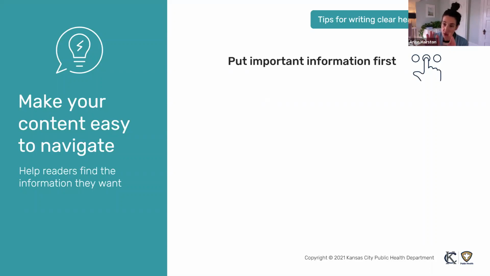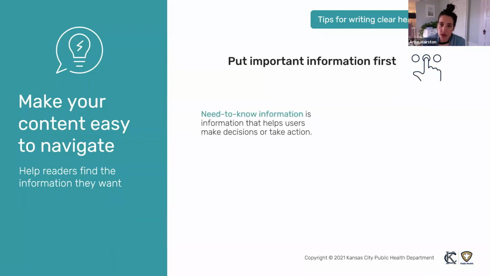What information are you including and where are you putting it? On each page and in each section, you want to put the most important information first, because many readers are going to look at it, decide if it's for them, and move on, or they're going to skim it. And so if they see that first point that really sticks out as important to them, you're more likely to have them stick with it.